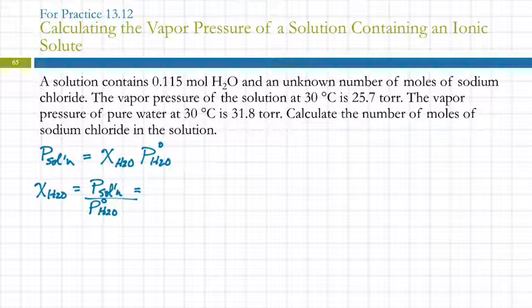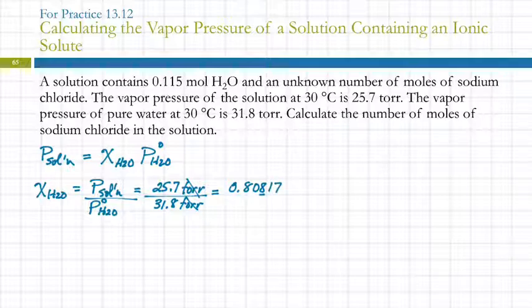The vapor pressure of the solution is 25.7 torr. Vapor pressure of pure water is 31.8 torr. Torr cancel out. 0.80817 would be the mole fraction.